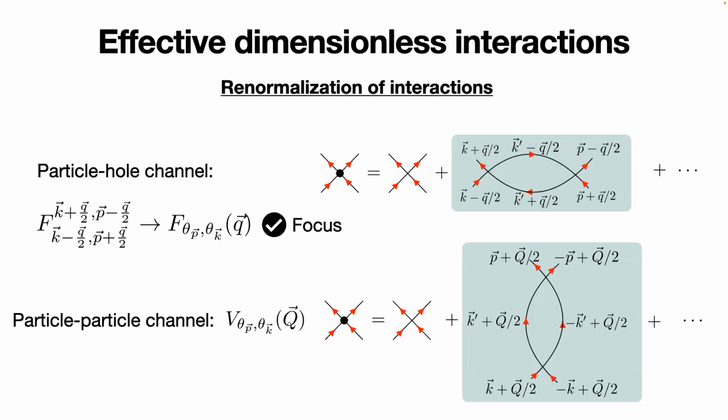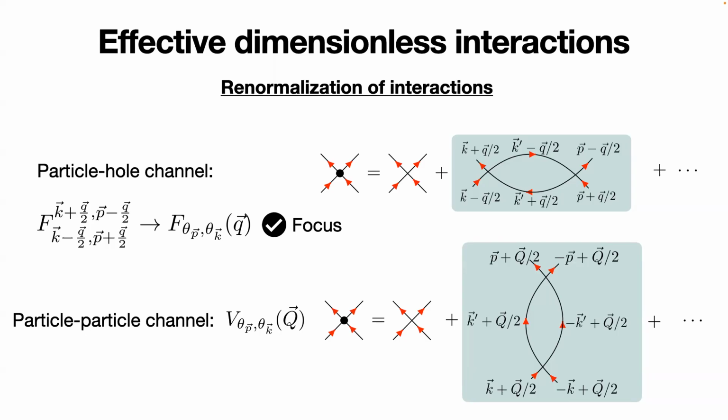Okay, then our goal is to do the renormalization on the interactions. The renormalization of interactions, of course, should include the many virtual processes described by these loop diagrams. We only study the correction up to one loop order. In this talk, I'm going to focus on the particle-hole channel, the particle-hole interaction or nearly forward scattering amplitude.